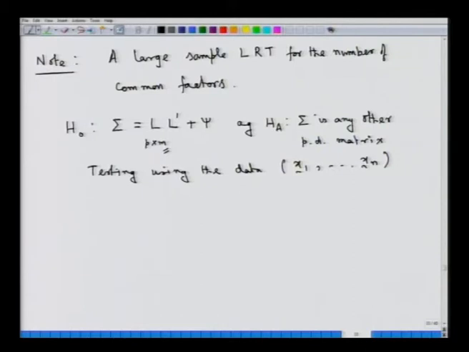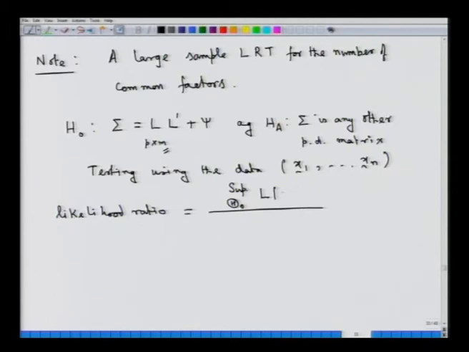using the LRT philosophy. Now, the likelihood ratio, as we know, is going to be given by the supremum over Θ0 of the likelihood function.